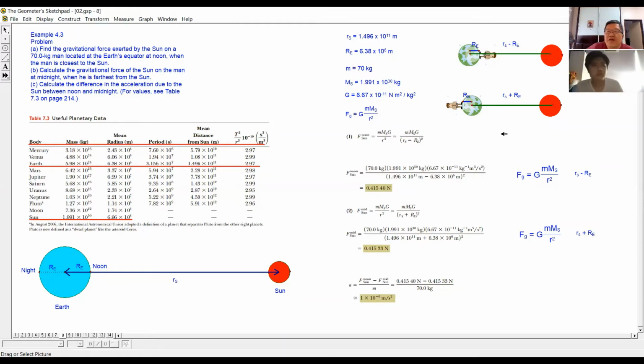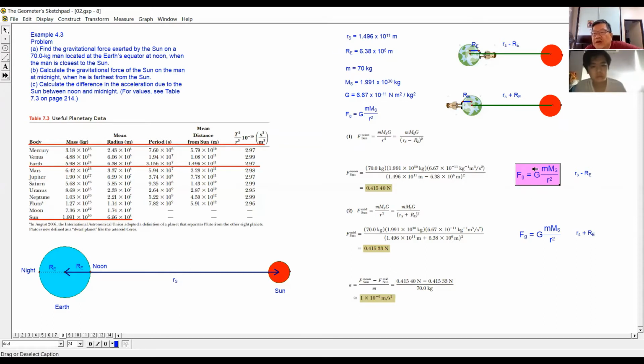So for these two cases, we are going to find the gravitational attraction of the sun on this man. How to find the gravitational attraction? We are going to use this universal gravitational formula.